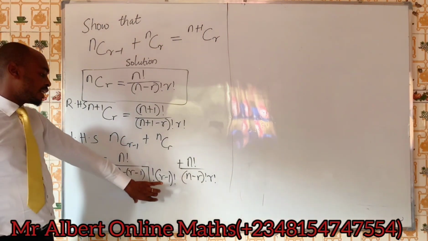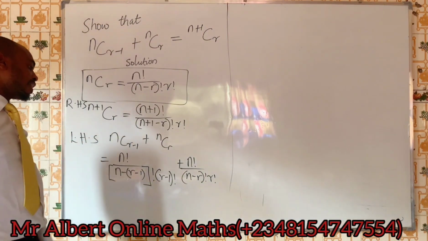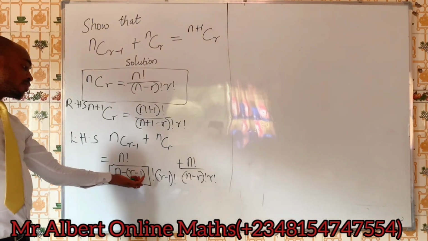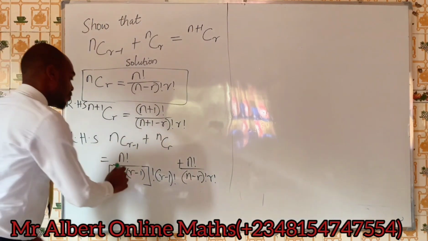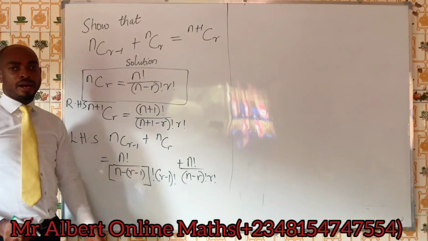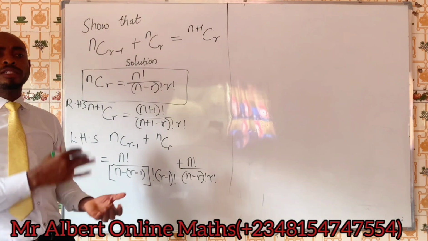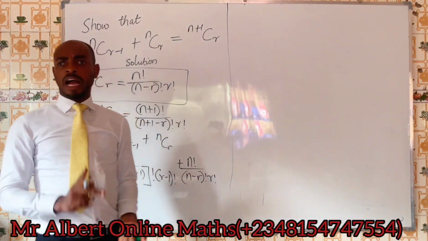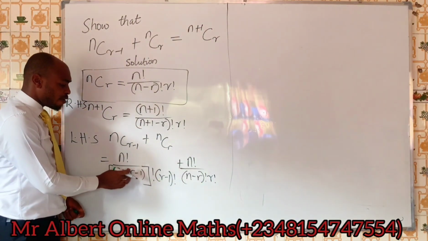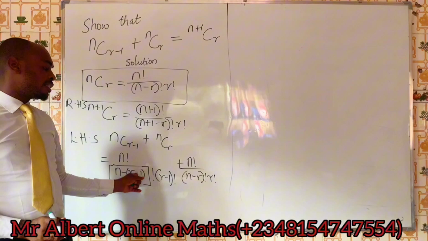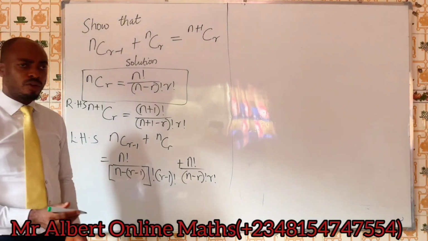So the next thing is to evaluate this. It is only to evaluate the first thing. We have a bracket, so let us remove this bracket. Anytime there is a negative sign before a bracket, that means all the signs of the things inside the bracket will be altered as you remove the bracket. So the sign of r that is positive here will become negative, and the sign of 1 that is negative will become positive.